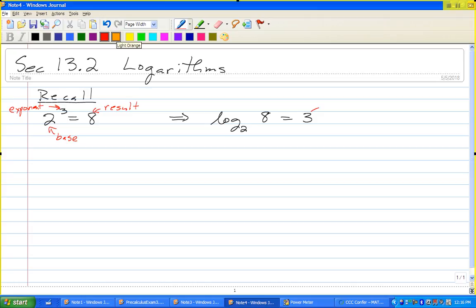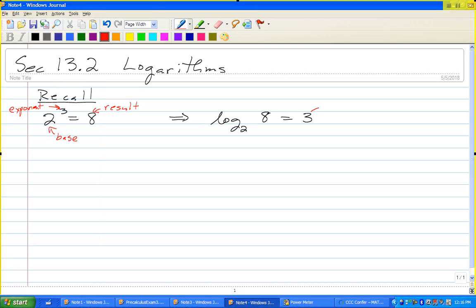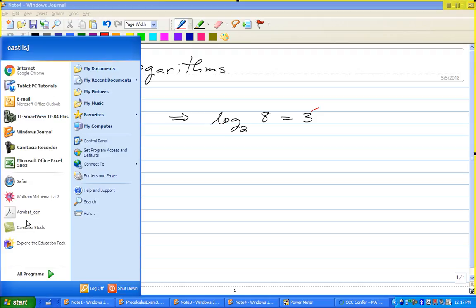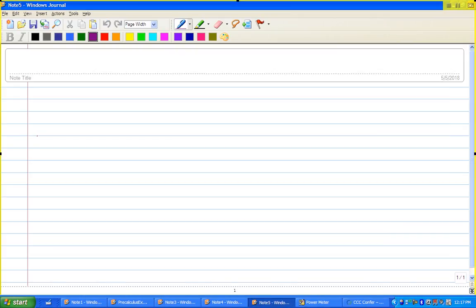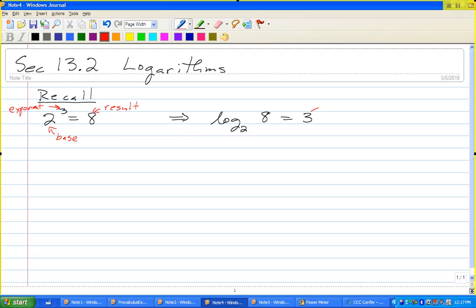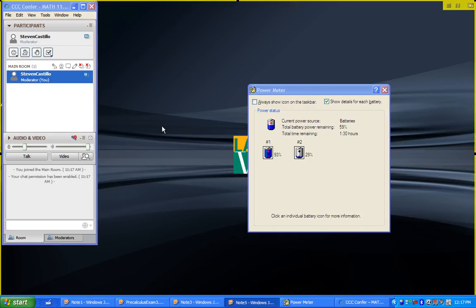So this is going. Okay. Let's see if I can get a new window. I can do something on that window. Okay. See if I can do nothing on this window. Okay, so let's just get rid of this. Okay.